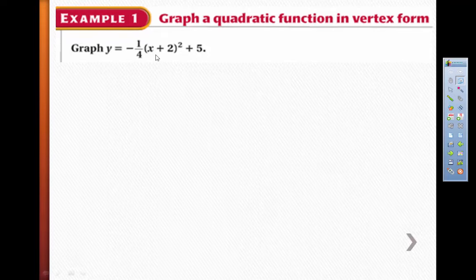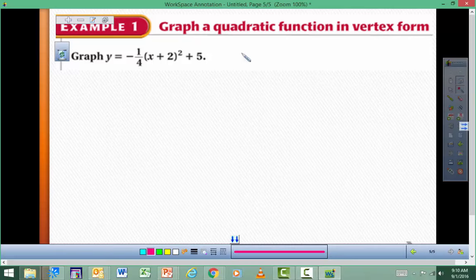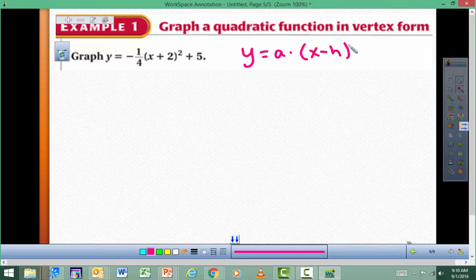So it's actually not written in the correct form. Let me point that out real quick. On the previous slide, it said y is equal to a times (x minus h) squared plus k. You see, that's not a minus there, is it?